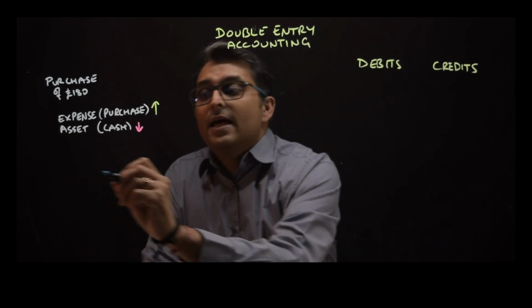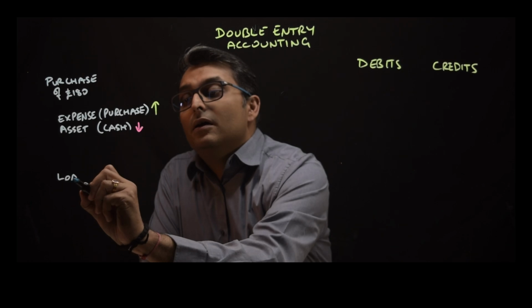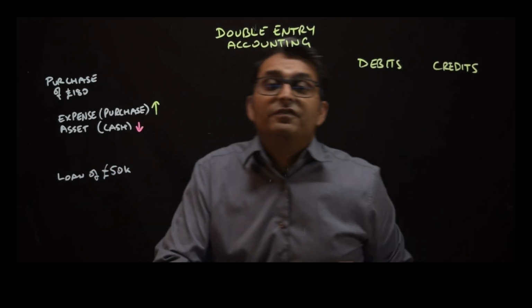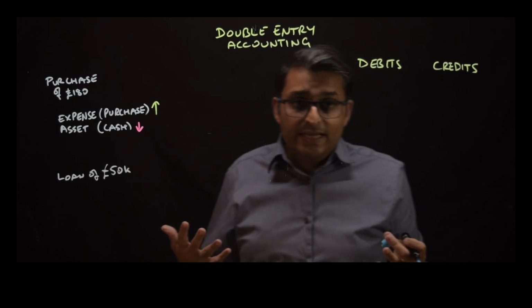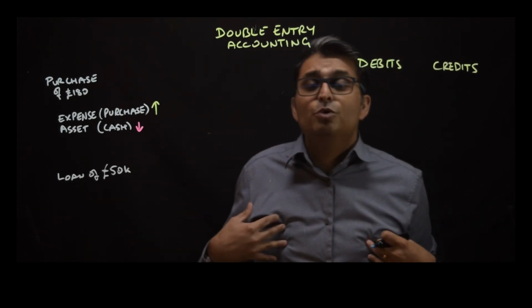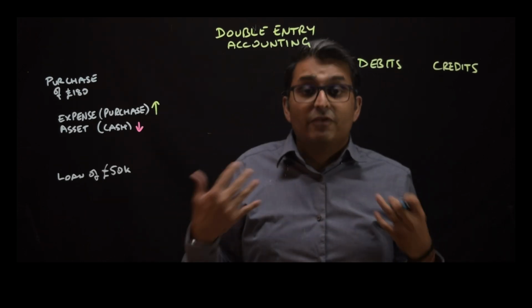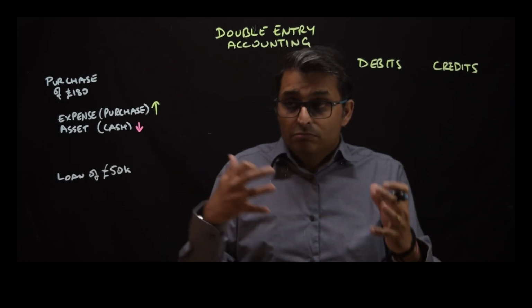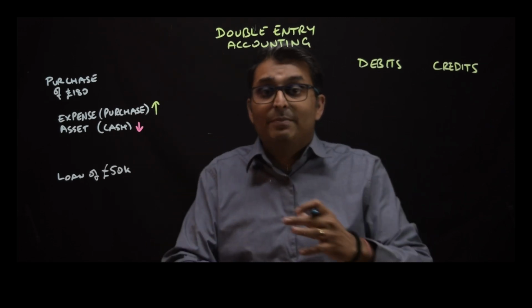Now let's look at another example. Let's say I get a loan of £50,000. What I see is money coming to me that I can use. But from an accounting perspective, again, there are 2 effects happening.